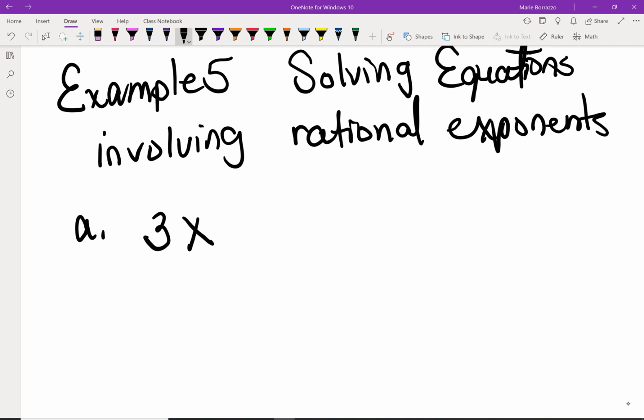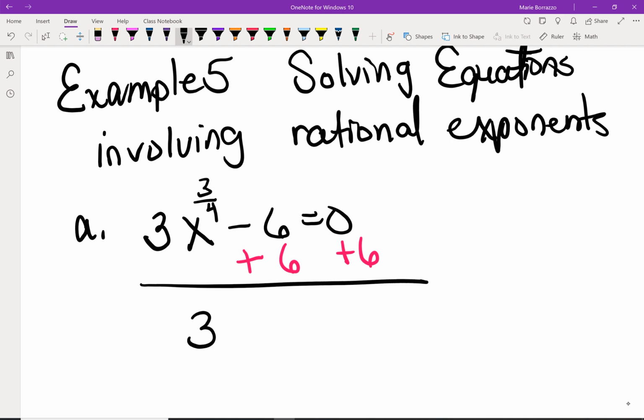They start us with 3x raised to the 3 over 4 power, minus 6 equal to 0. So if you'll notice, my first step in red is going to be to add the 6 to both sides. And this leaves me with 3x raised to the 3/4 power is equal to 6.